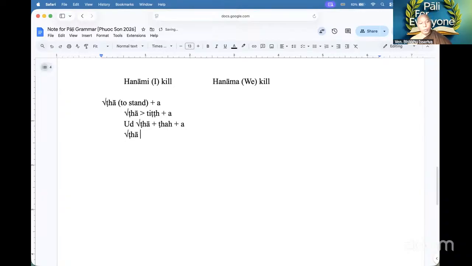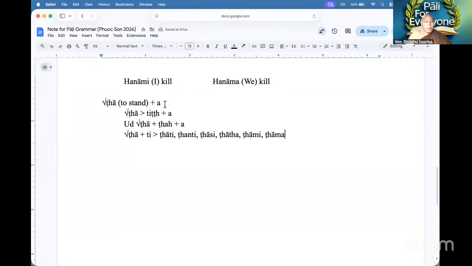But that root thā, without changing and without using the conjugation sign, directly takes an irregular, anomalous form in some places: thādi, thāndi, thāsi, thāmi, thāma. So in this way you can see 3 changes.